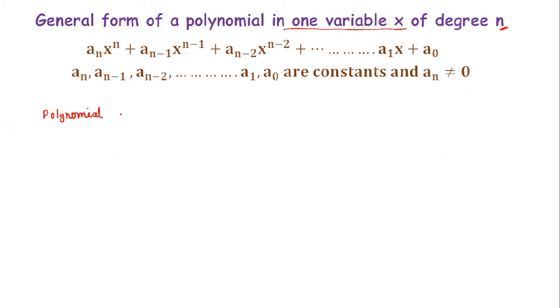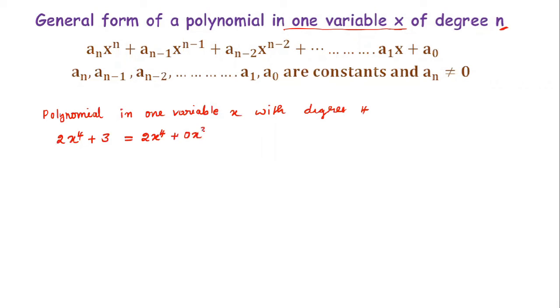Now let us write an example, so it will be a little easier. This is the general form of a polynomial of degree n. Now write a polynomial in one variable x with degree 4. I can write 2x to the power 4 plus 3, having two terms. But how to write it in standard form or general form? We have to write in decreasing order of powers.